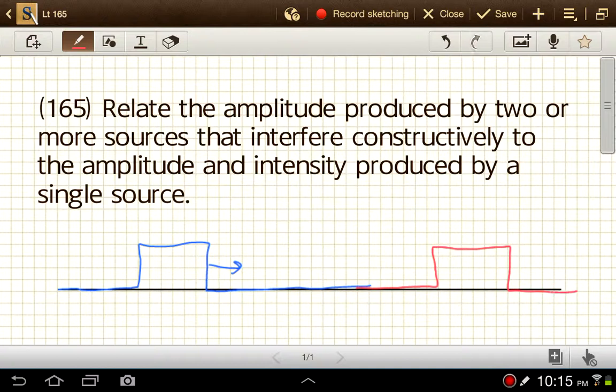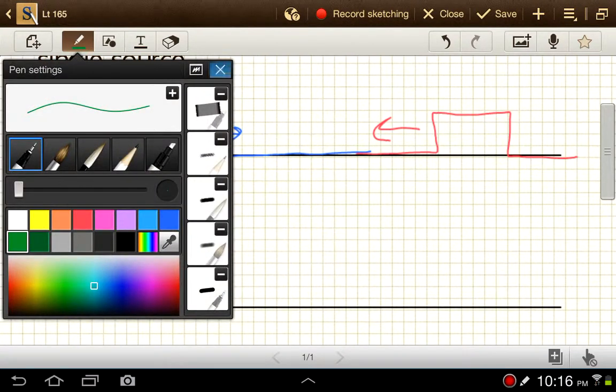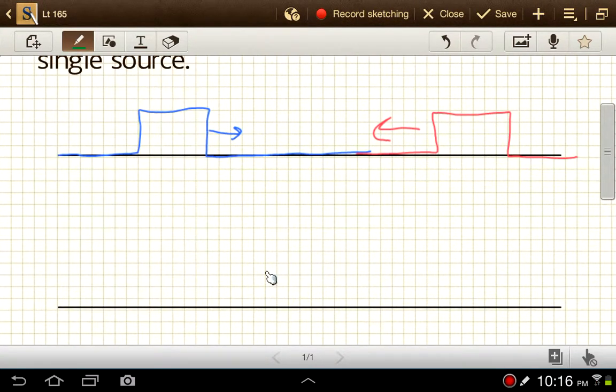There we go, and we'll say it's moving in this direction. At some point later in time, those two will occupy some spot in the middle, and we're going to see something that looks like this. We have the algebraic sum of those two.